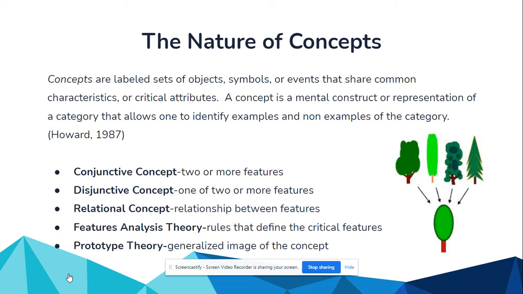Then we have two theories in play here. We have the feature analysis theory, rules that define the critical features. We observe individual characteristics of every object and pattern we encounter. So we are looking at the features of that object. Then there is prototype theory, which is a generalized image of the concept.